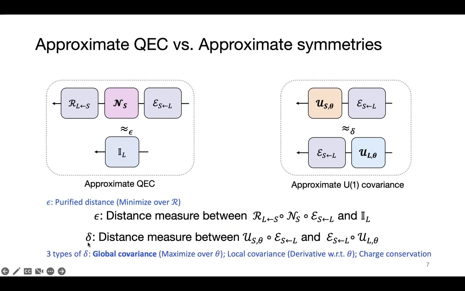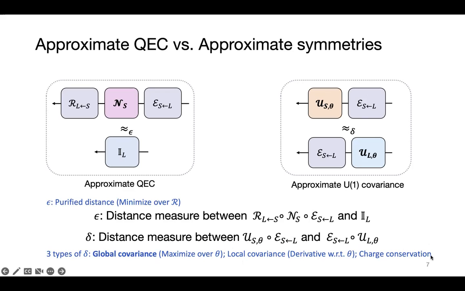And there are actually three ways to define delta. The first one is called global covariance violation, which is basically the case where we maximize the distance measure over the entire group, which means we maximize it over all theta. And we could also consider local covariance violation, which basically means that we need to consider the derivative of this distance measure with respect to theta.